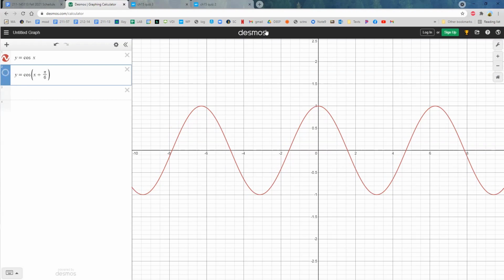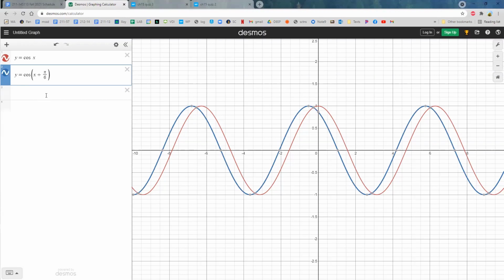This red function is my unshifted, starting right at the starting line cosine function. Here's what happens when I give myself a phase shift. This phase shift of positive pi over 6 actually puts me behind the starting line. So this blue function is the same as the red function in every way, except it's starting behind by pi over 6 radians, which is 30 degrees.